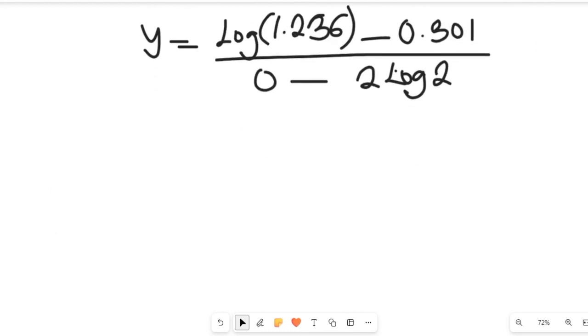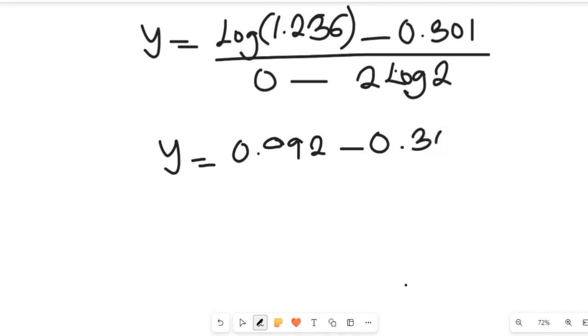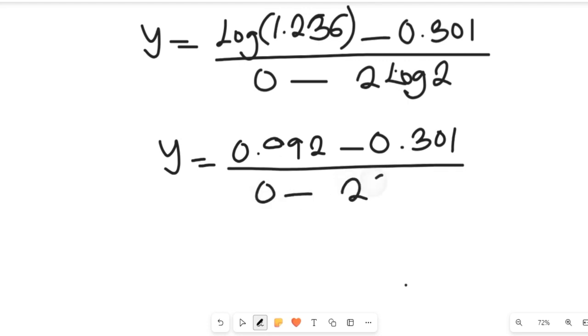So the value of y in this expression will now be equal to the log of 1.236, which is going to give us 0.092, minus 0.301, divided by 0 minus 2 multiplied by the log of 2, which is 2 multiplied by 0.301.